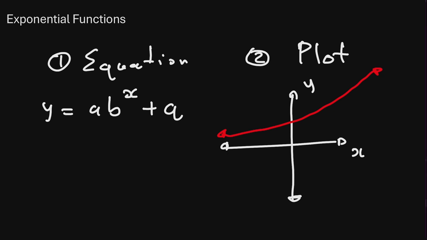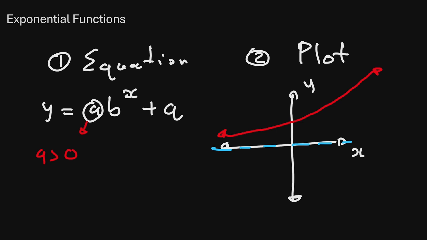Now, if the value of a is positive, that means a is greater than 0, our graph is going to be on top of the asymptote. We are going to assume that our asymptote here is the x-axis.